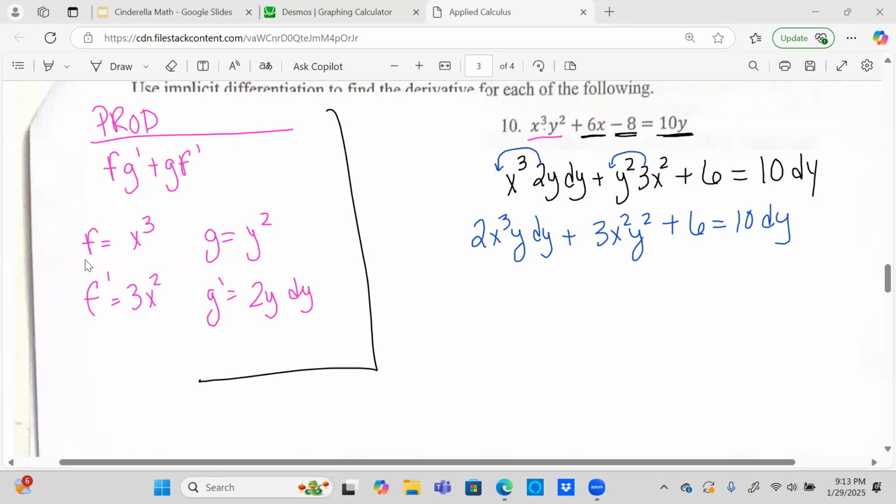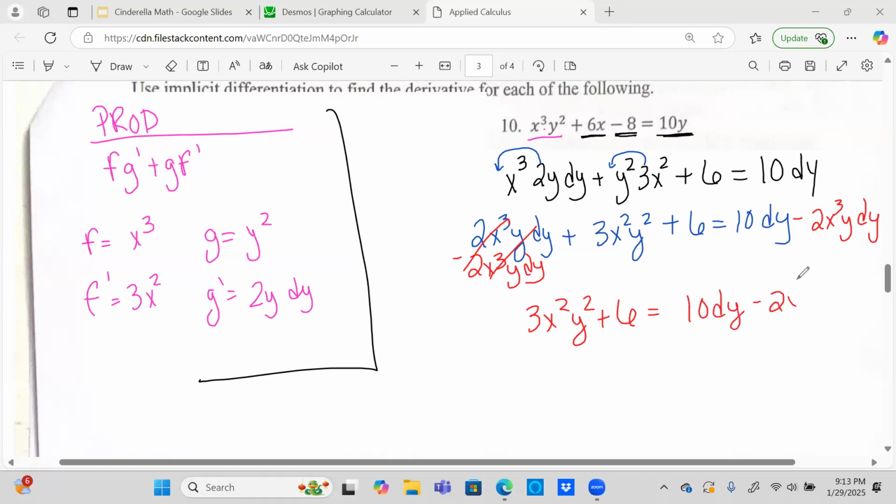And now you want to get the dy's on the same side. So I'm going to subtract this first term over. On the left, we have 3x squared y squared plus 6 equals 10 dy minus 2x cubed y dy.